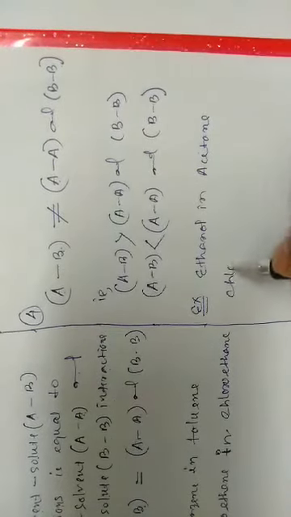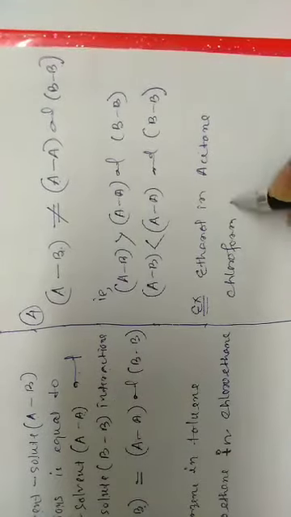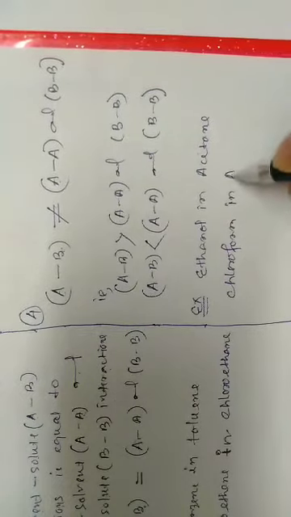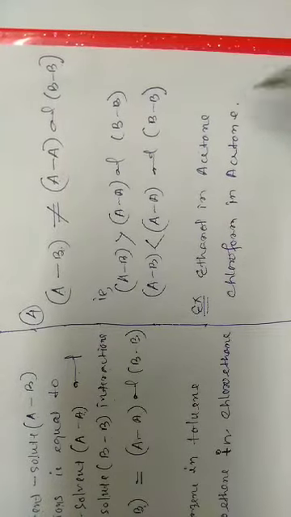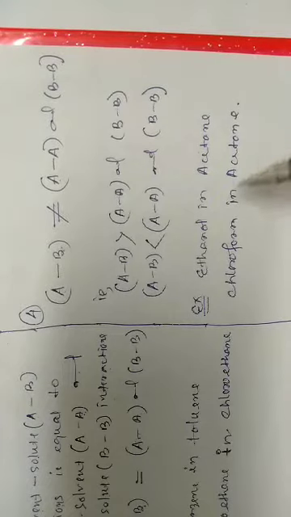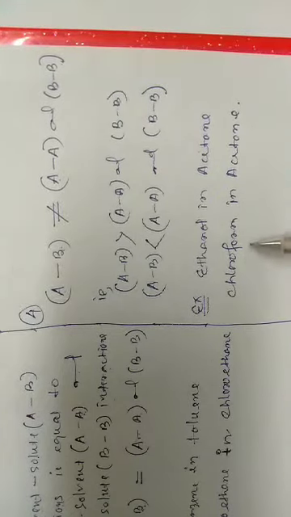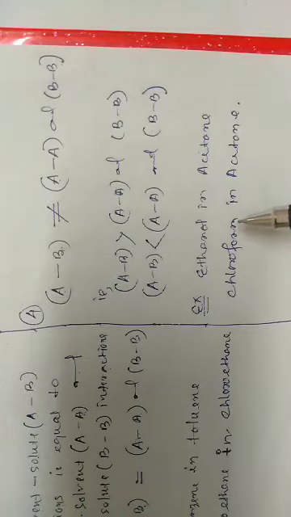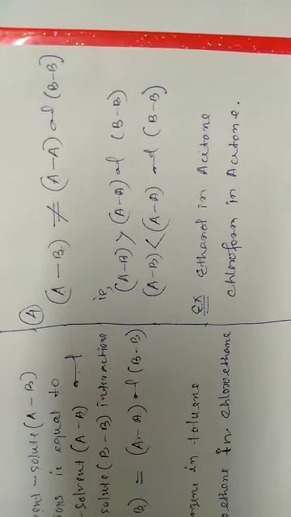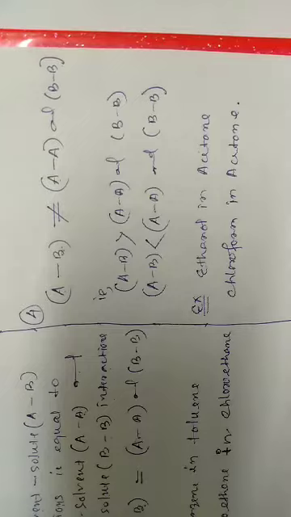Similarly, chloroform in acetone is also another example of a non-ideal solution. So these are two examples of non-ideal solutions. In a non-ideal solution, solvent-solute interaction is not equal to solvent-solvent and solute-solute interaction. So these are the differences between the ideal and non-ideal solution.